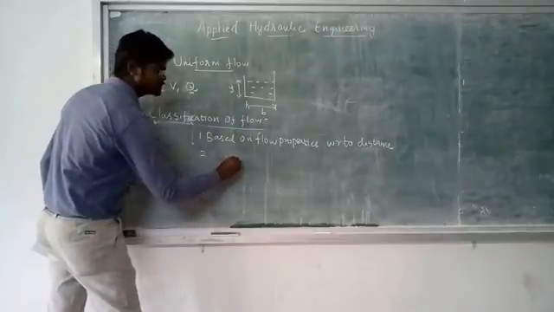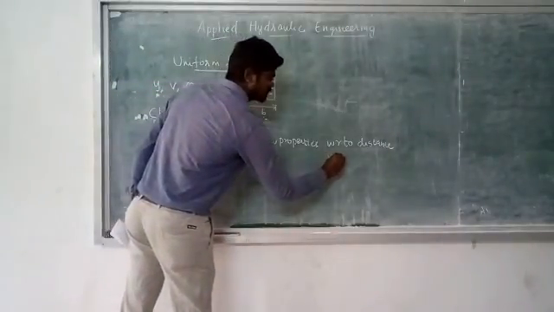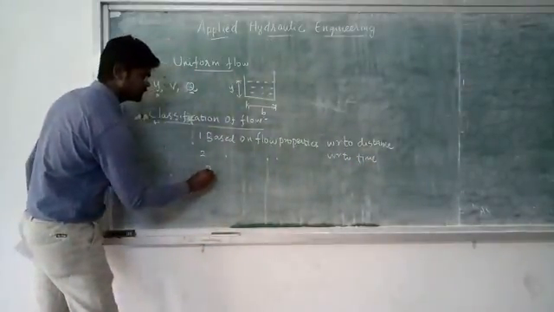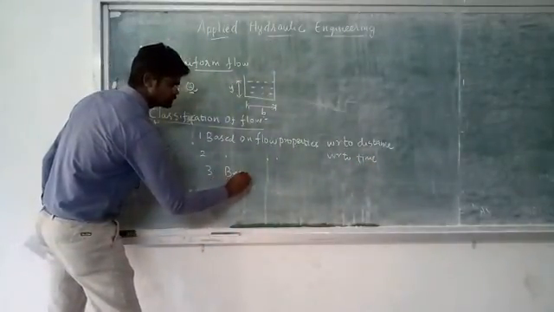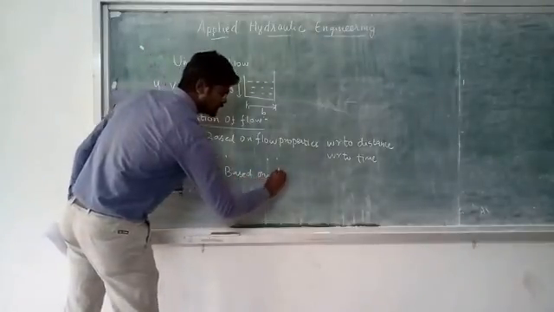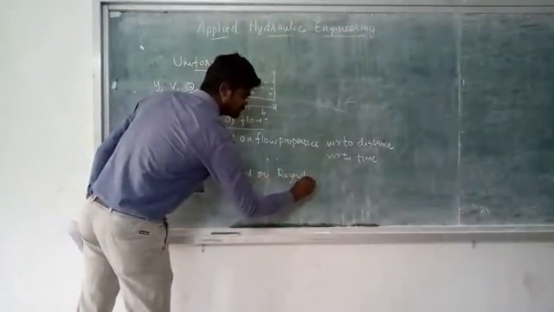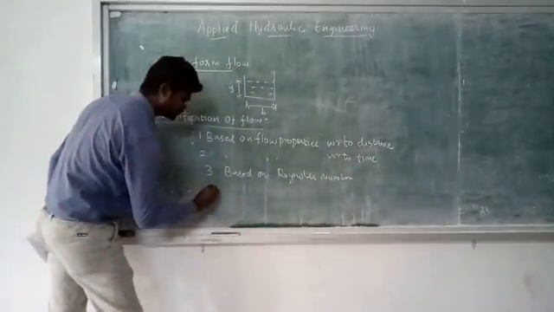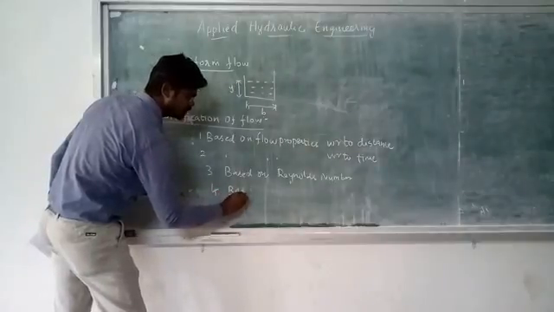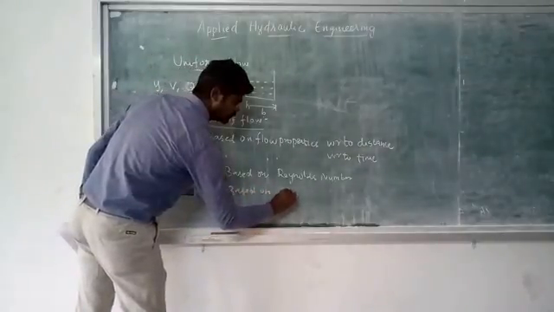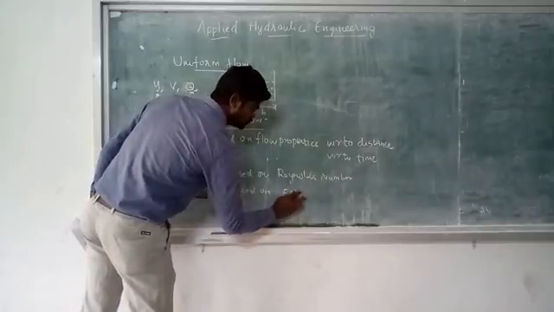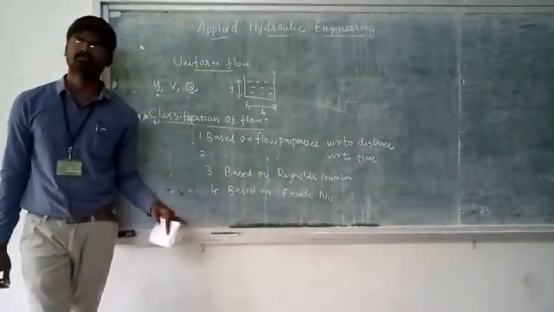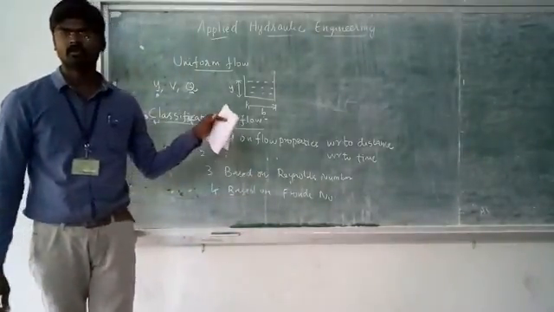Number two, based on flow properties with respect to time. The third one is based on Reynolds number. Then the fourth classification is based on Froude number. These are the four major classifications of open channel flow.